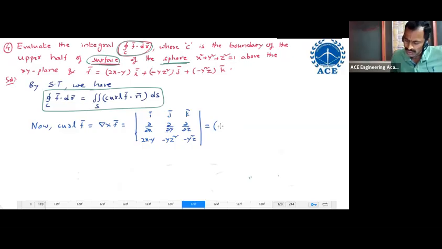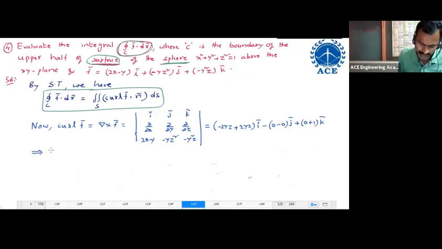Evaluating the determinant, the i bar component is minus 2yz plus 2yz, the j bar component is 0 minus 0, and the k bar component is 0 minus minus 1 times k bar. So curl f bar equals just k bar.